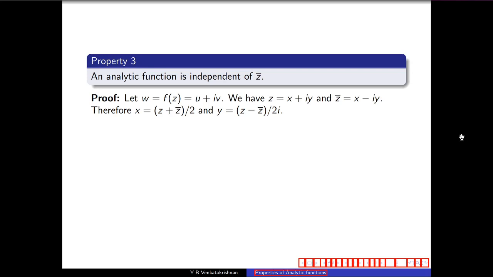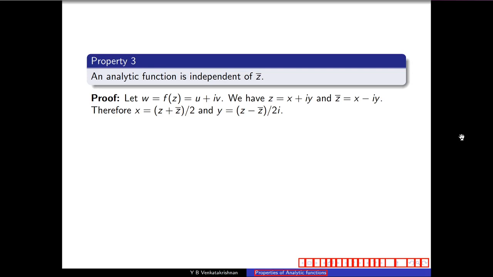So I will be using the chain rule of the partial derivatives. Now suppose I assume w as a function of z and z bar, or instead of directly assuming like this, you will have w as a function of u and v. W is equal to u plus iv.